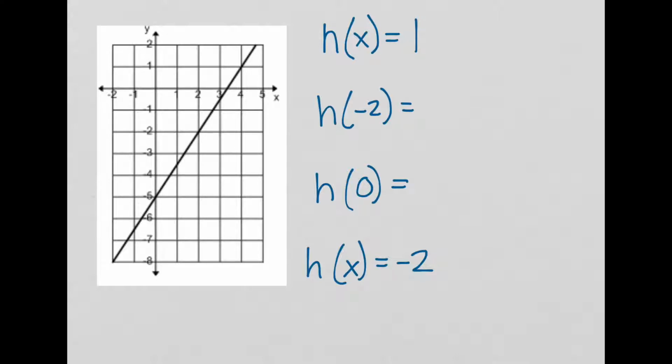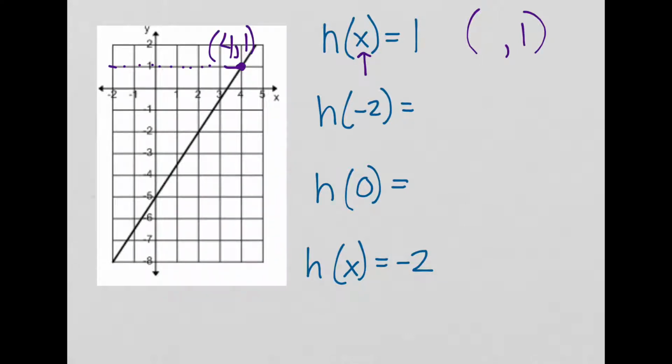All right, A says find x when h of x equals 1. Do I know x? Nope, there's still an x there. That means I must be looking for x, and I know that the y coordinate must be 1. Well, where is the point on my graph where the y coordinate is 1? Driving along the y equals 1 road, crash, right there. That's where I have the coordinates 4, 1.